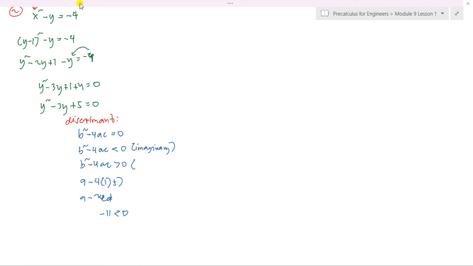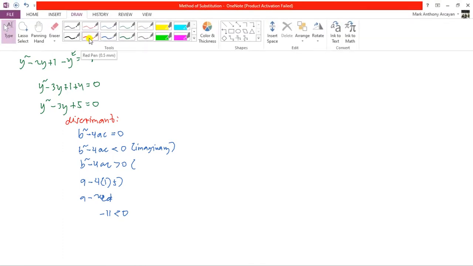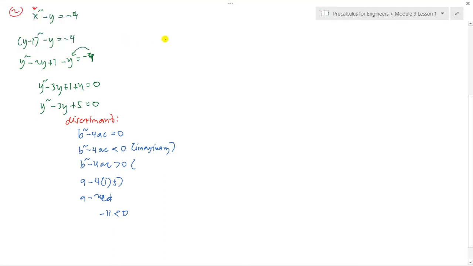So here by using the quadratic formula, we can solve for the roots. By using the quadratic formula, we have our first root y sub 1 is equal to 3 halves plus square root of 11 over 2 i.